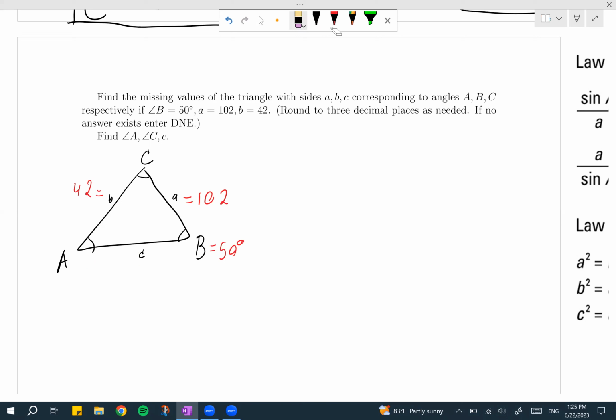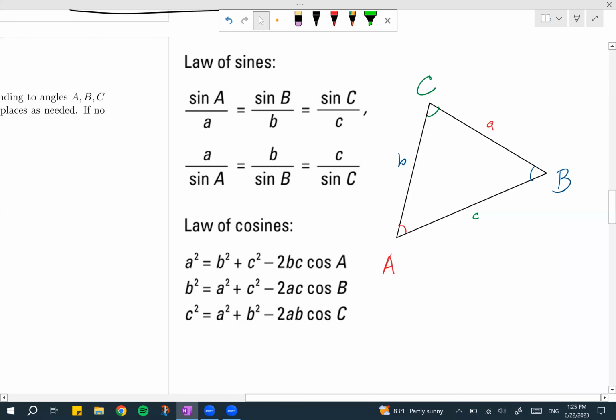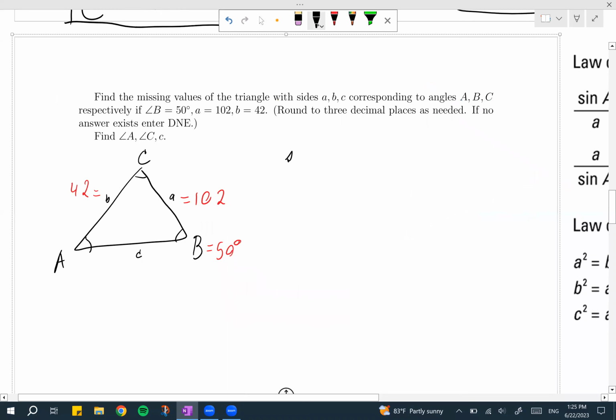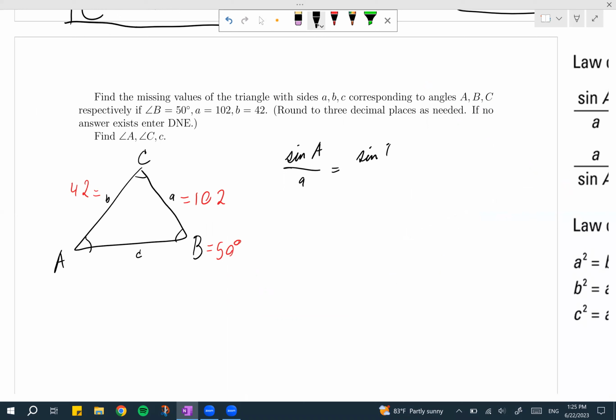All right. So I'm going to recall my law of sines right here. I'm going to write it out real quick. So sine of big A over little a is equal to sine of big B over little b is equal to sine of big C over little c. Now I'm going to fill in what I know.